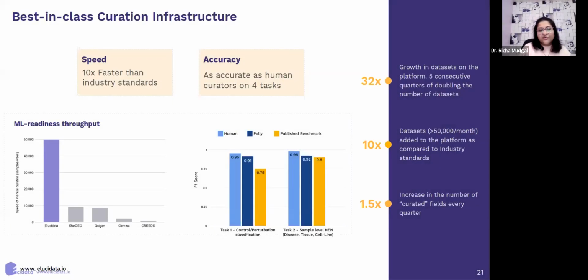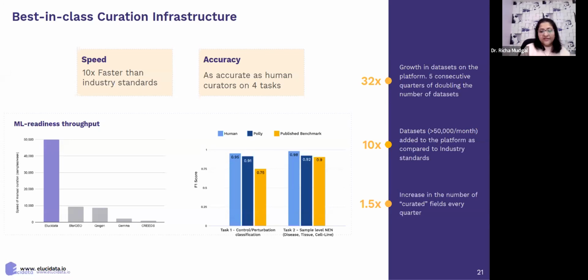And I just want to leave you with the thought that it's not just that we are able to do the curation at scale, and that speed is the only thing that's important. We also very heavily understand that accuracy is very important for us. We have run a few benchmark studies where we benchmarked our models against the gold standard of metadata curated by a group of experts.